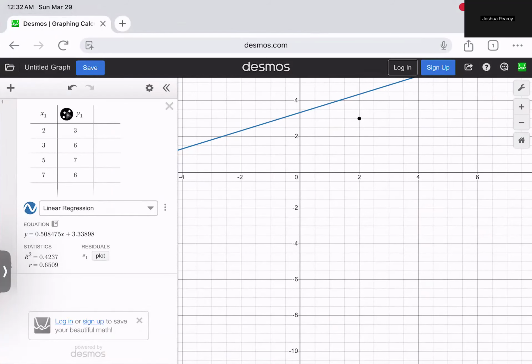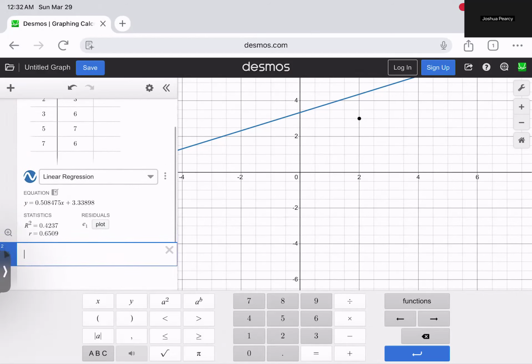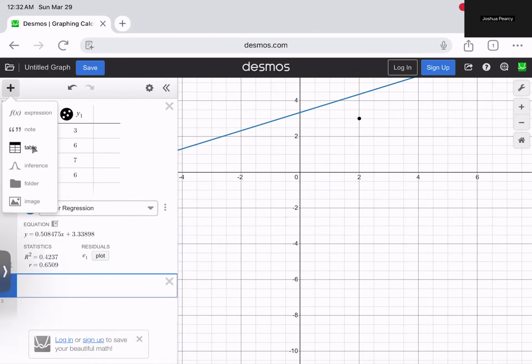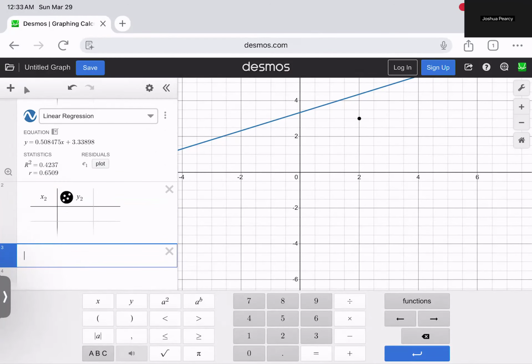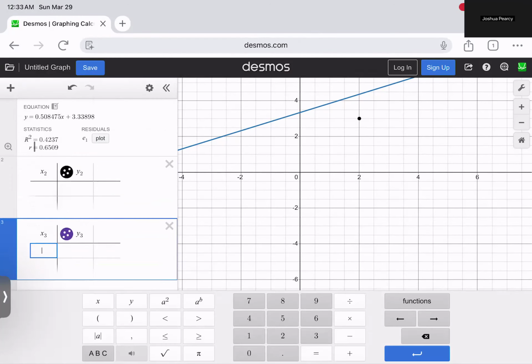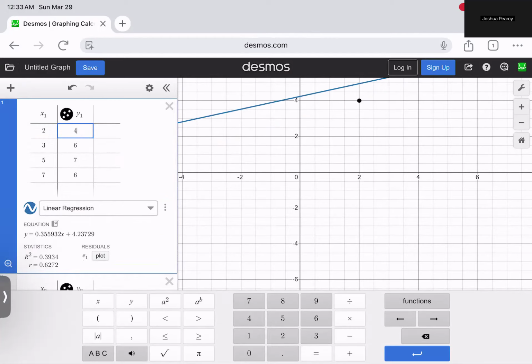So I've already got one table entered in. To do these other two tables, I'm going to go down here to where it says 2, and I'm going to do plus table, and then I'm going to go down here to where it says 3, click in here, and then do plus table. Now I'm just going to change these values in here. So here, this first ordered pair is going to be 2, 4.